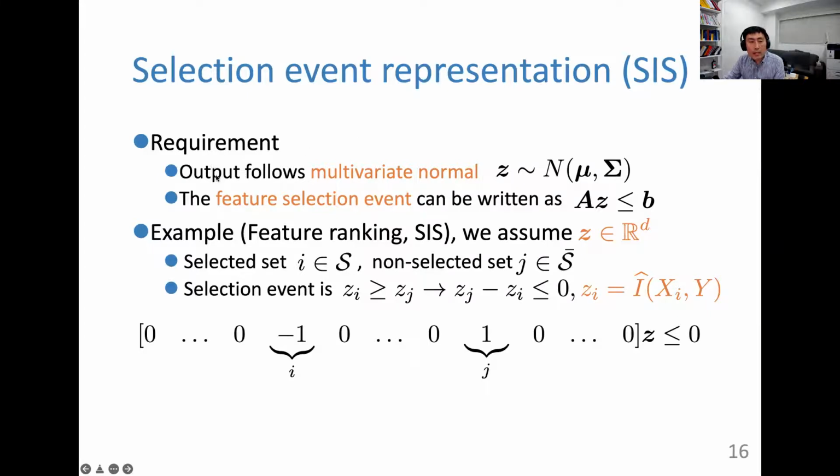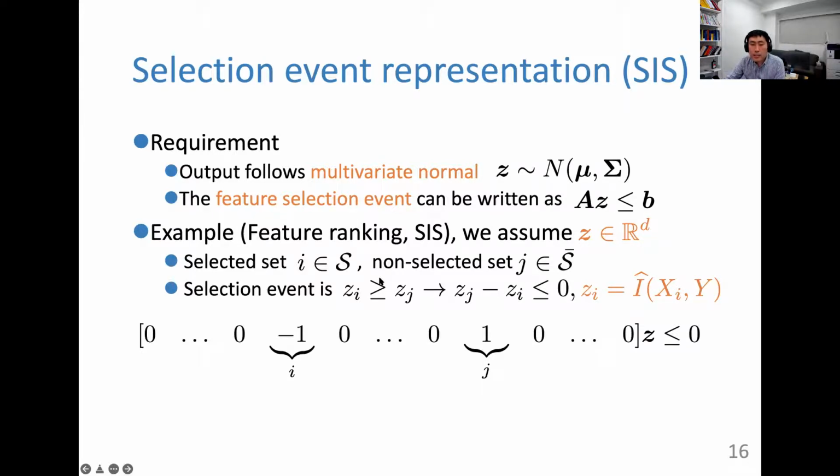Again, the requirement is that the output follows a multivariate normal: Z follows a normal distribution with mean mu and covariance sigma, and the feature selection event can be written as AZ less than or equal to B. For example, in the feature ranking or SIS case, Z is a D-dimensional vector, S is the selected set and S bar is the non-selected set. I denotes the indices of the selected set, and J the indices of the non-selected set.